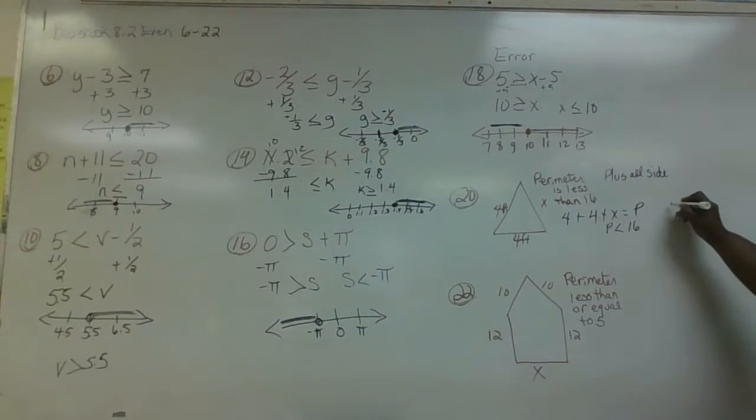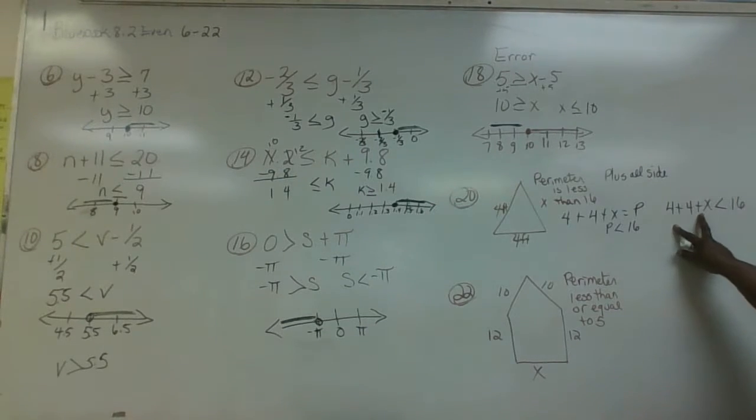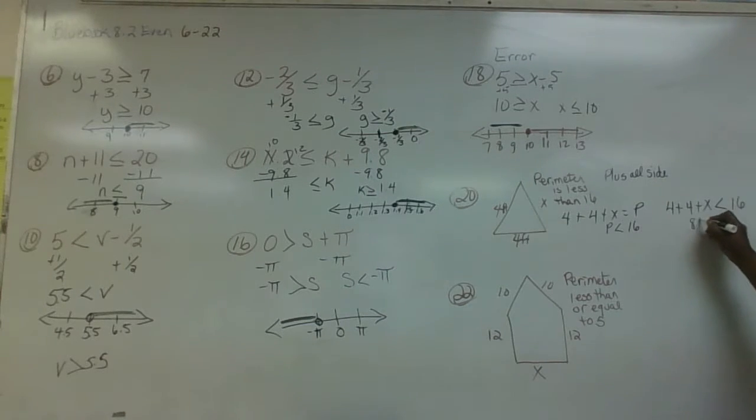We actually have 4 plus 4 plus x, so far so good, less than 16. The perimeter is less than 16. All right, and so then we solve from there. 4 plus 4 is 8, plus x is less than 16. We take the inverse of 8. X is less than 8.